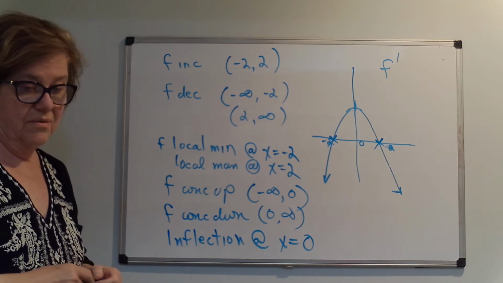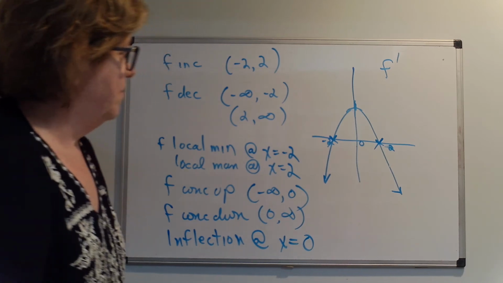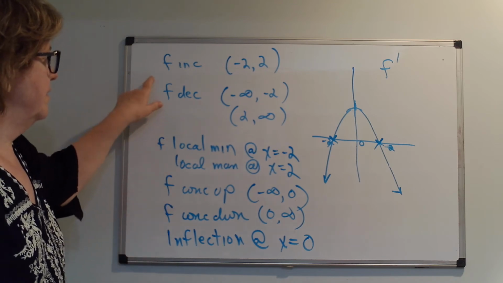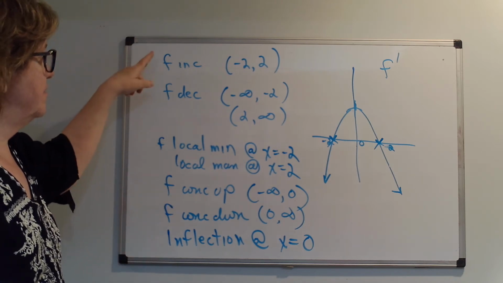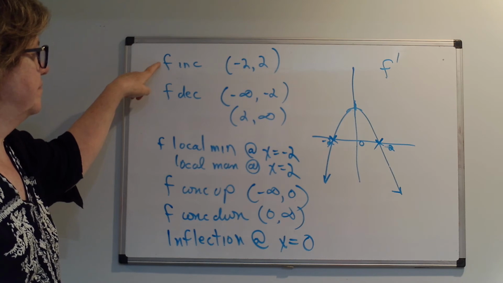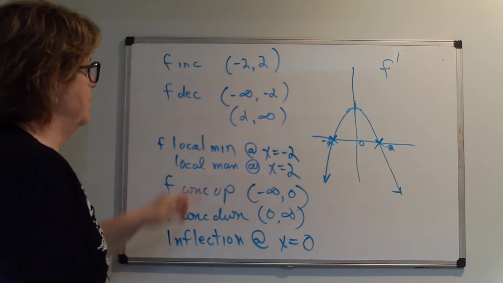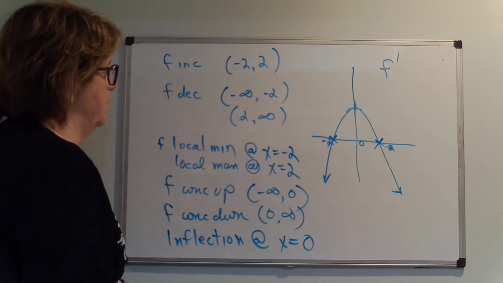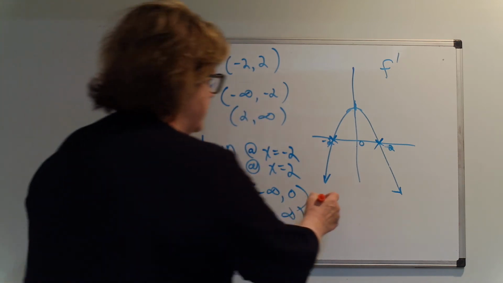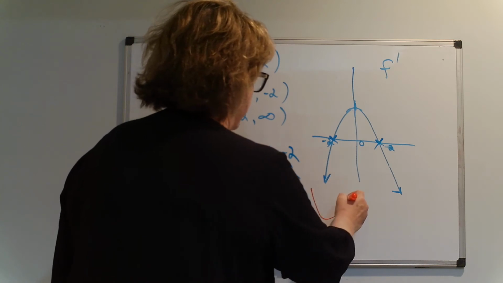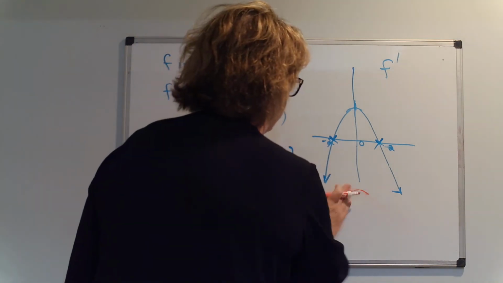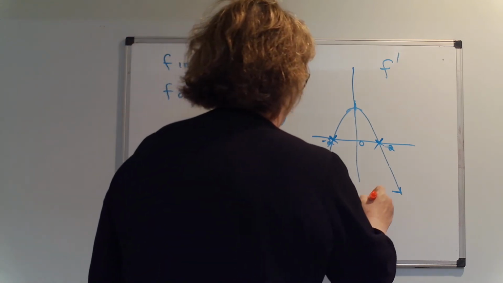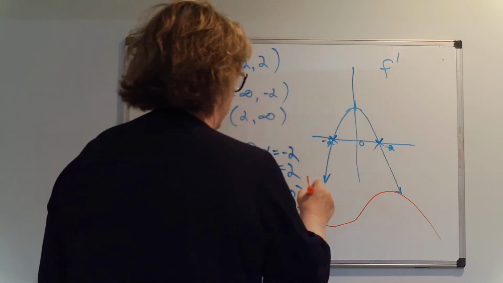So we could propose a graph for the original function. The original function is increasing on negative 2 to 2. It's decreasing from negative infinity to negative 2 and 2 to infinity. So it must be looking something like this.